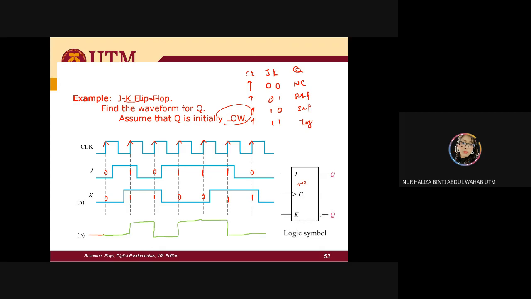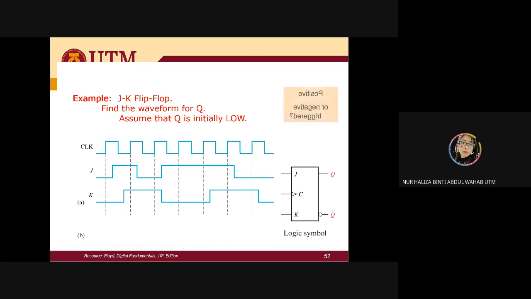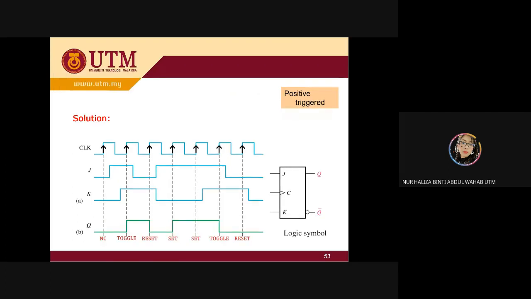So it's going to be reset. This is my output of Q. And if you need to draw the Q bar, then it will totally toggle everything. So this is the answer.